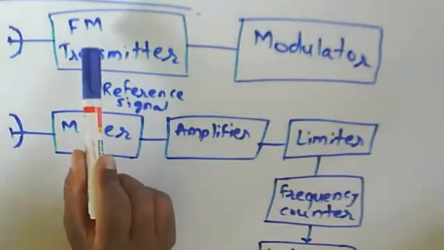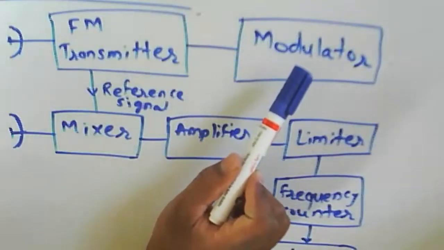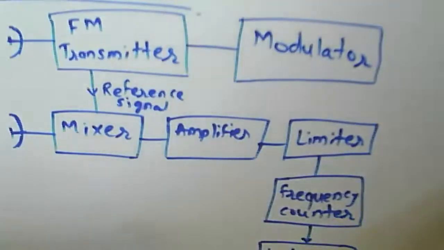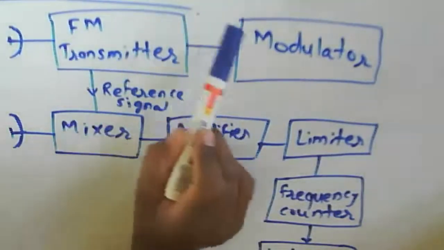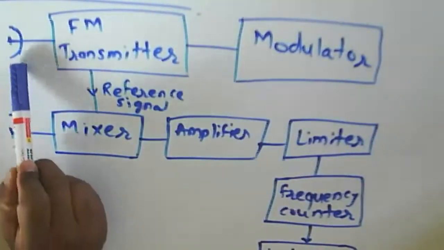So we have a transmitter, that is about a modulator here. We can consider that the modulation is about an FM, so we can say that it is about a triangular or a sawtooth one. This one is about a transmitter block, with separate antennas for the transmitter and receiver.